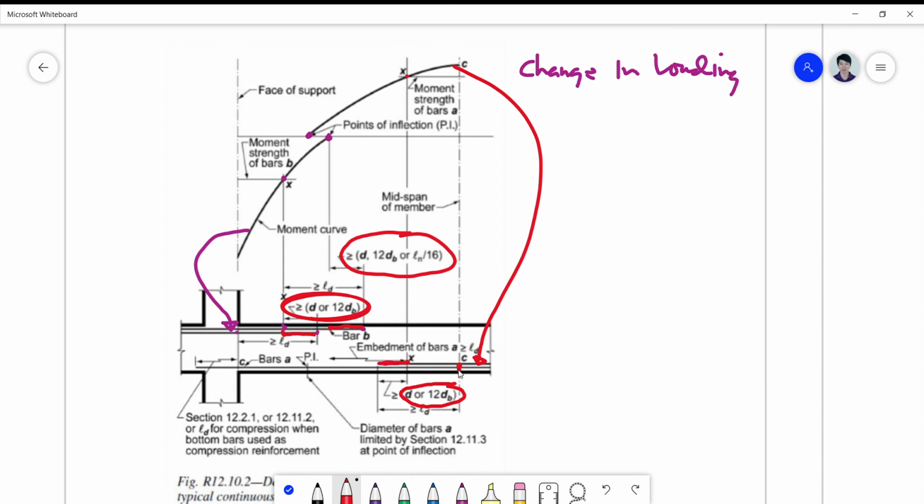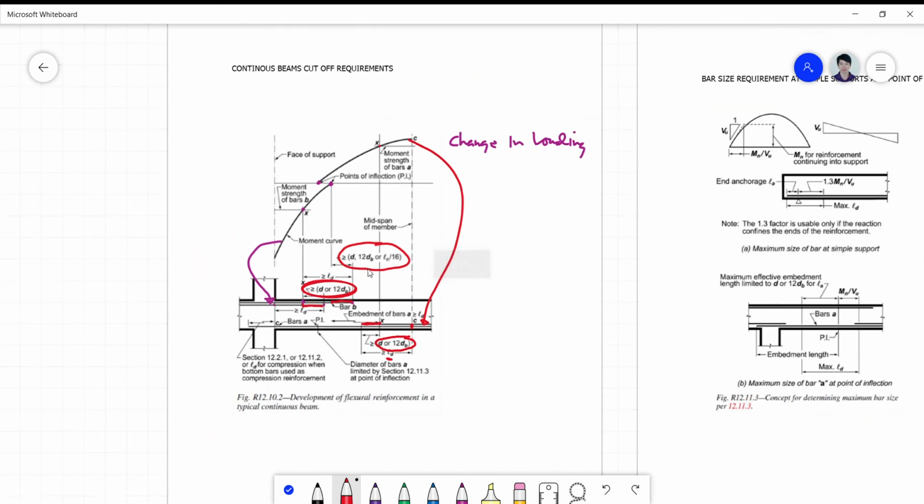And then this is now the continuous bar, so you have to check whether this continuous bar has at least this Ld requirement. Okay, so that is how to consider the cutting and terminating of bars for a continuous beam.